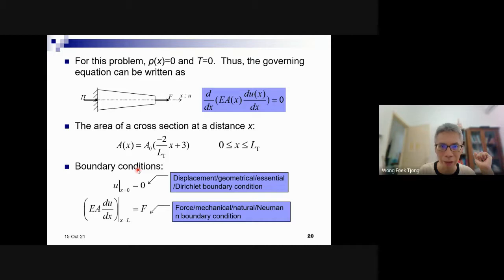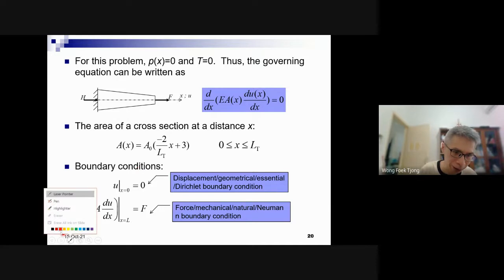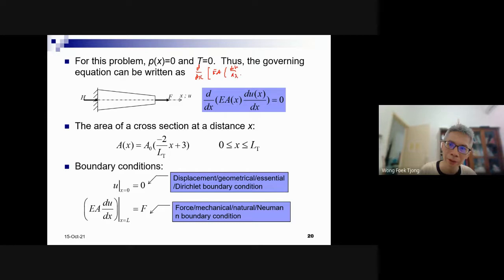First, write the governing equations for this bar. The differential equation is like this: d/dx of (E A du/dx minus alpha t), plus P equals 0.